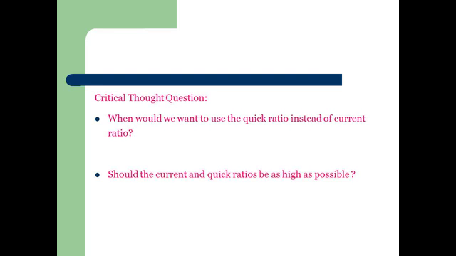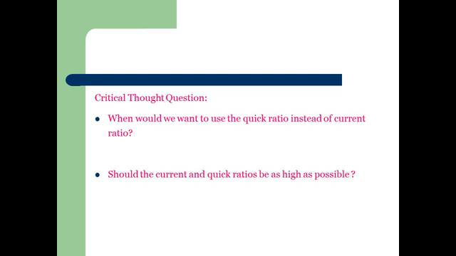Normally, if a company is service based, they use current ratio rather than quick ratio, because they have a very minimum amount of inventories, so it doesn't matter how much they have.